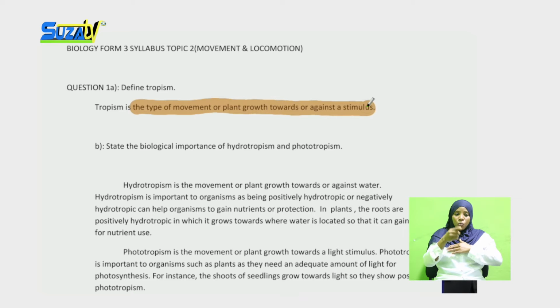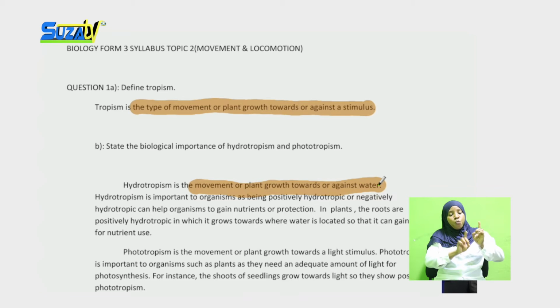first of all, the meaning: hydrotropism is the movement or plant growth towards or against water. So hydrotropism is basically directed towards water. Hydrotropism is important to organisms, being positively or negatively hydrotropic, which can help organisms to gain nutrients or protection.